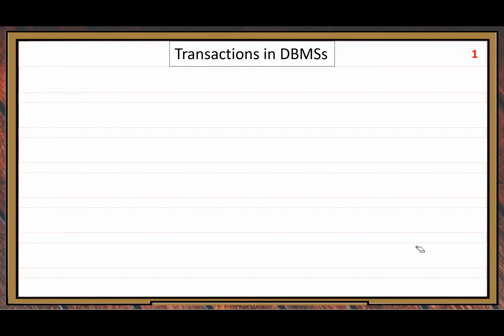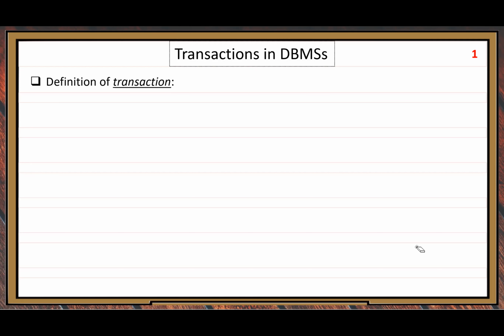When you go to a bank, when you do your banking transactions, that kind of transactions, that's your everyday life transactions, right? But here in our databases, we have a special meaning. It's a special type of operations. Here, let me describe how special it is. So this is an important concept.